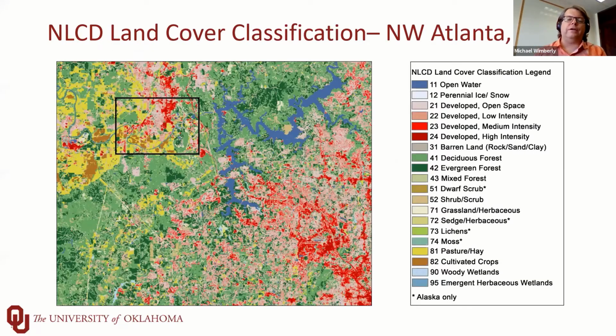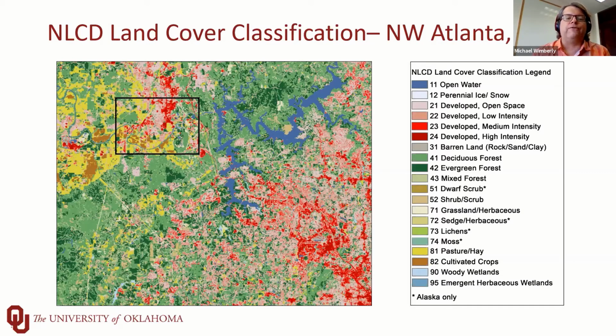So let's start and maybe think about land cover a little bit. And like a lot of geographic phenomena, one of the best ways to start thinking about and understanding land cover is to just look at it. So these are some data from Northwest Atlanta, Georgia in the US from the National Land Cover Database.